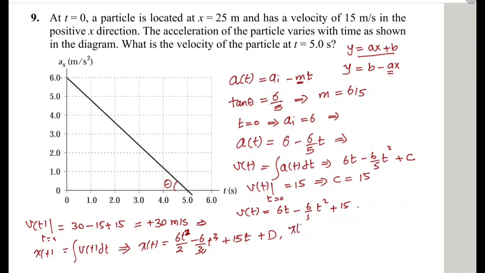And x of t when t equals 0 is equal to 25, and from this you will get d equal to 25. You substitute now x of t when t equals 5, and you will find it's equal to 150 meters.